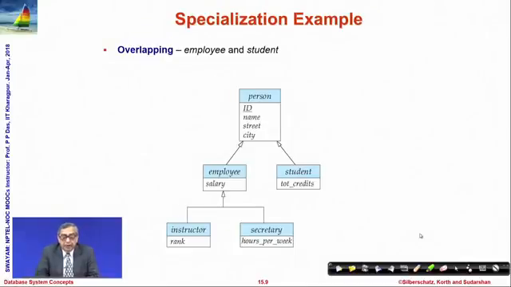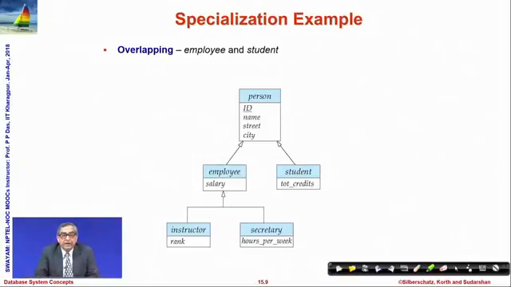So, here is an example. You can see the person at the so-called root of this hierarchy of specialization. It has a set of properties: ID, name, street, city. Employee is another entity set which is a specialization of the person entity set. So, employee inherits all attributes ID, name, street and city, but in addition the commonality of the entities in the employee entity set is the fact that all of them have a salary attribute.